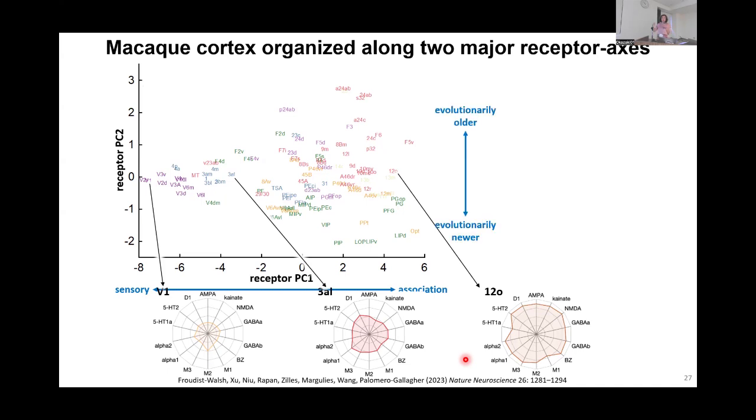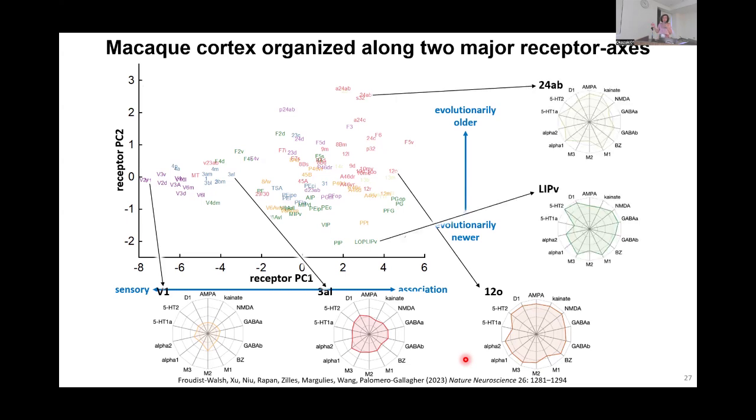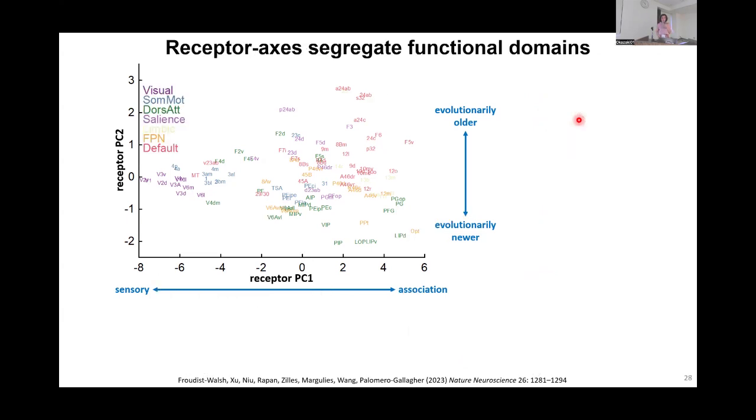And when we look at the second principal component, we have a change from isocortical areas to, well, I'm not showing any allocortical areas for this example, but we have shown it in the human brain, and it's the same principle, so areas that are evolutionarily older. And the differences here seem to come basically from changes in serotonin. So we have a flip here in the balance between the 5-HT1A and the 5-HT2 receptors.